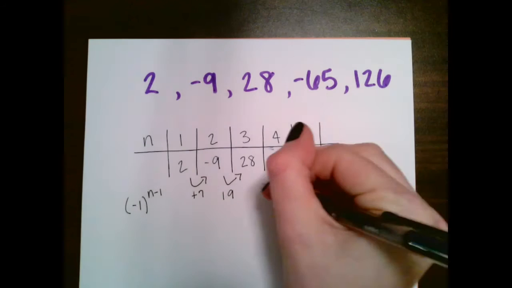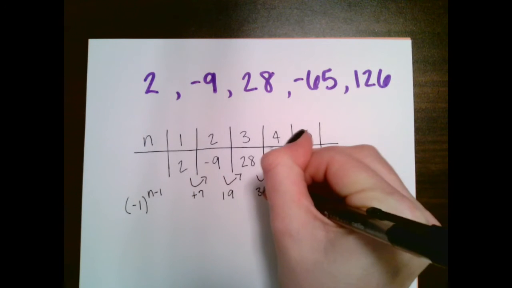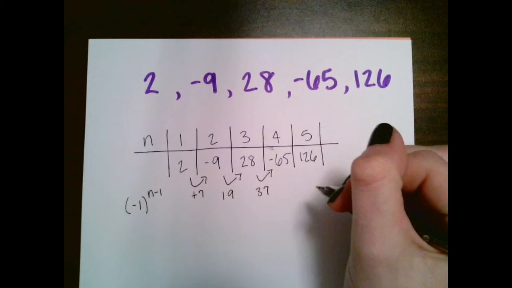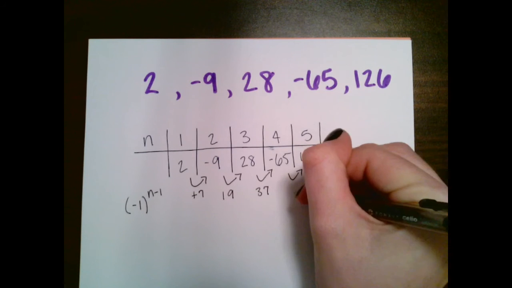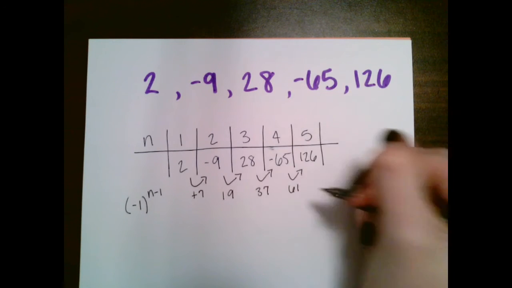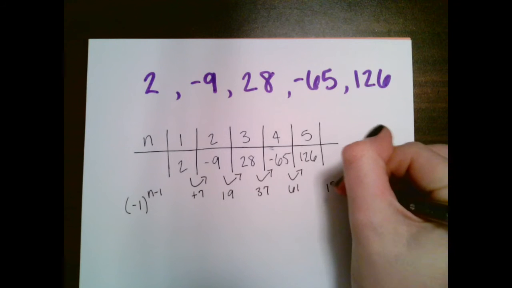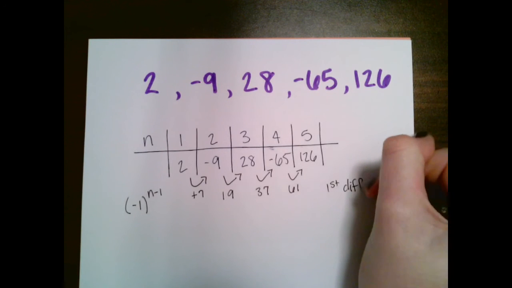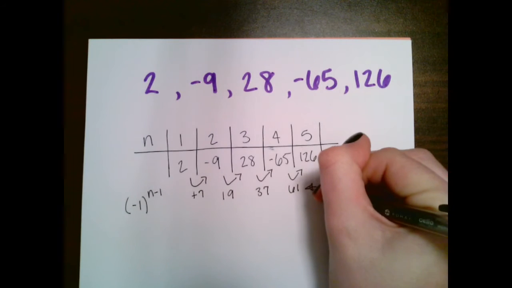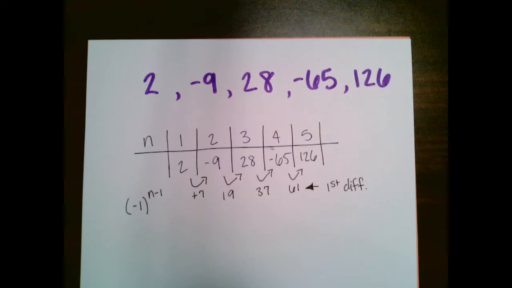It's a change of 37. And then 65 to 126 on the calculator says it's a change of 61. So since this is my first difference, we know that it is not arithmetic, because if it was, my first difference would be my common difference, right?